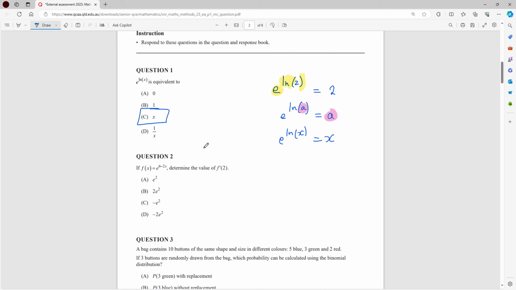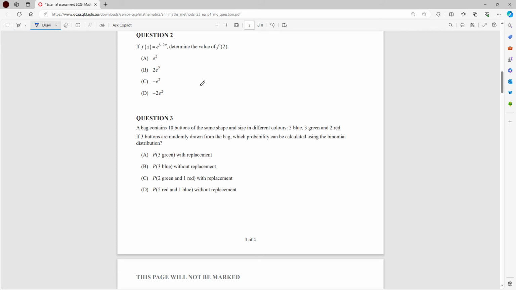So question 2, if f of x is e to the 6 minus 2x, determine the value of f dash of x at x equals 2. What this is asking for is the gradient at x equals 2, because f dash of x is another symbol for dy/dx. And when they have f dash of 2, that is dy/dx at a particular x value, so x equals 2.